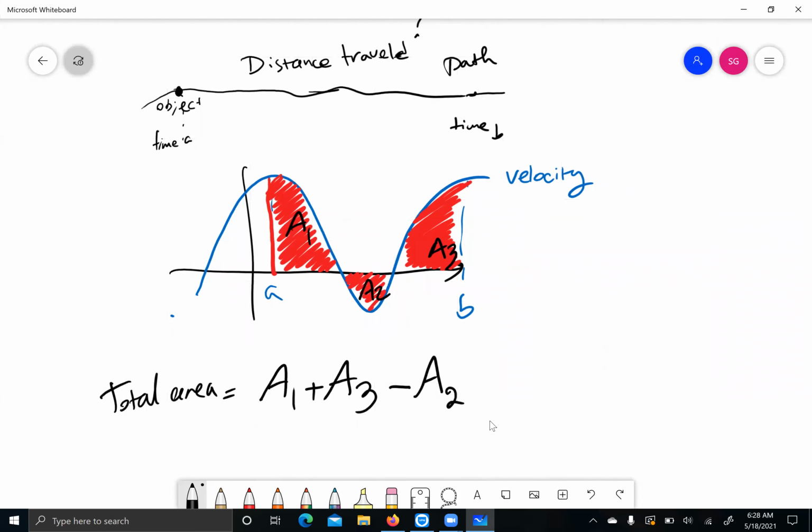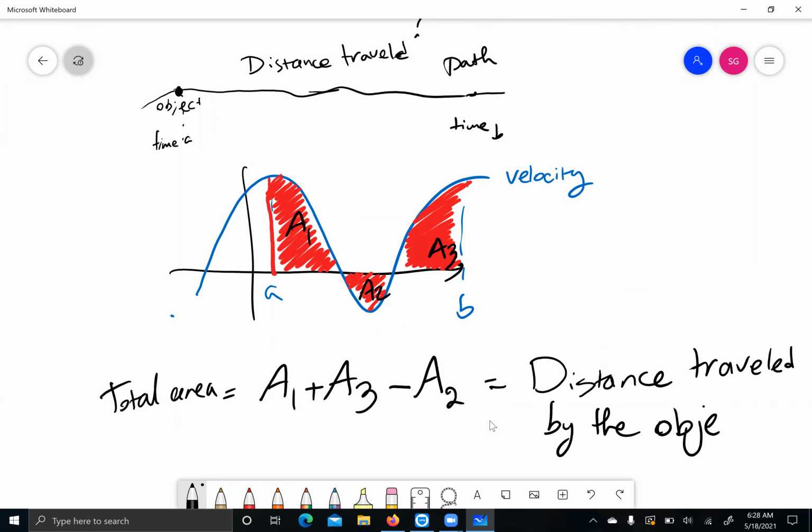So this total area is the distance traveled by the object in this scenario. As you can see, in physics we might be interested in questions like this: if we have the velocity of this movement, what is the distance traveled? And in order to answer a question like that, we need to evaluate this area.